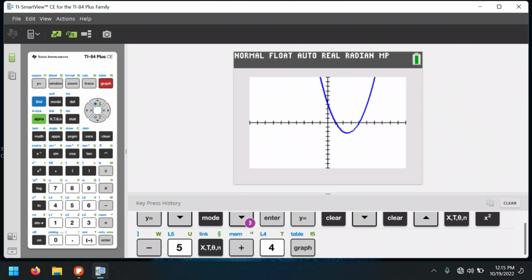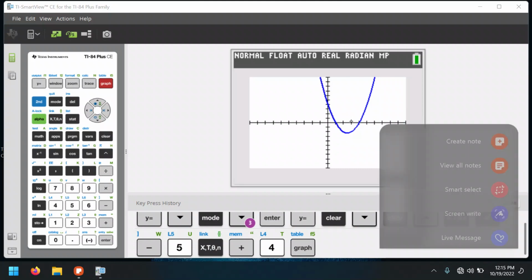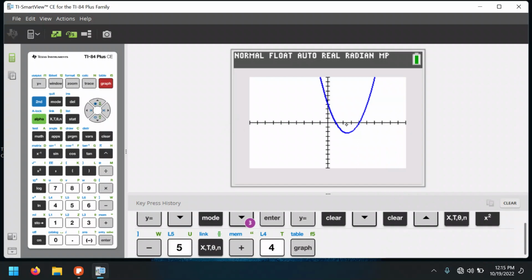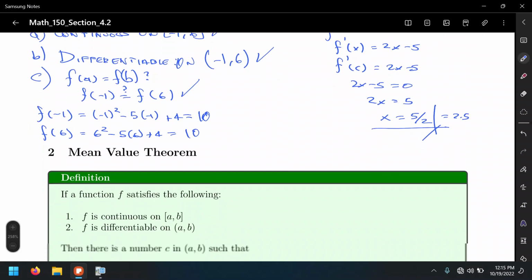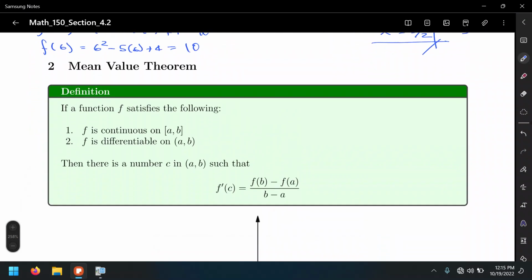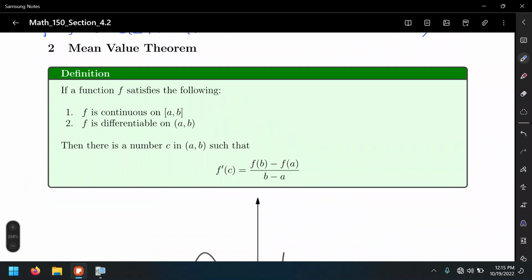And graph. So what do we have between -1 and 6? Do you see this critical number in between? Does that value correspond to 2.5? All right, so that's Rolle's theorem in action, algebraically, analytically and graphically. This is the information this theorem is telling us. Now the main topic for this section is really the mean value theorem.